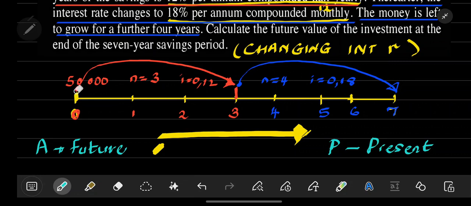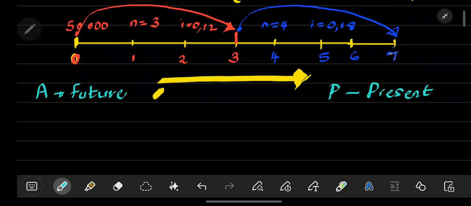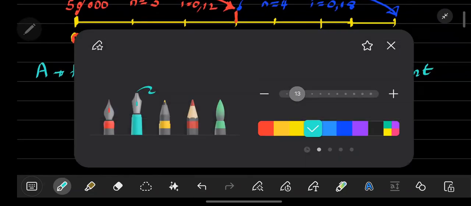Here is our present, we start with 50,000, then we calculate the future, and this future is exactly where the blue part starts. So the amount we would have got here, we will start with it as present, and then we will calculate the future of this whole 7 years. I hope that makes sense. Then let's do our calculations quickly.